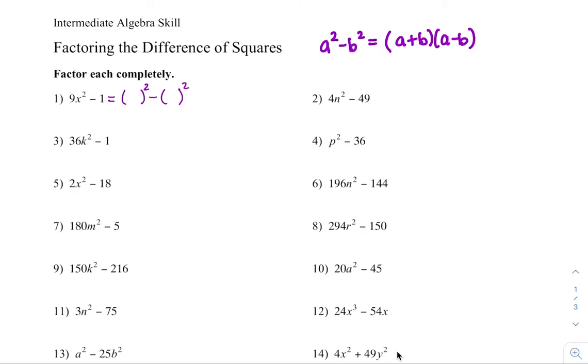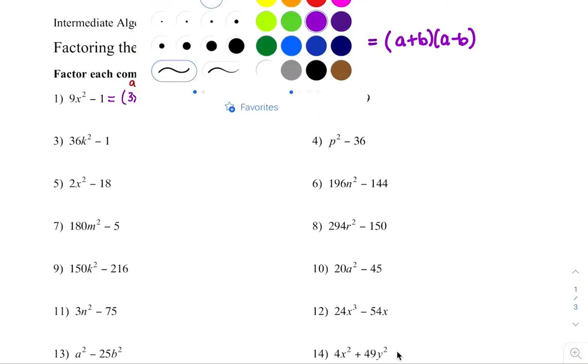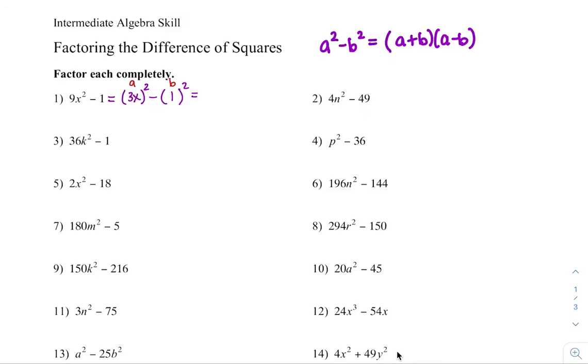But if you didn't, you can also just think, okay, what times itself is 9x squared, which is 3x for that one. And for this one, it's 1. So we have our a and our b. Now just compare it to the formula. So our a plus b is going to be 3x plus 1 times 3x minus 1.